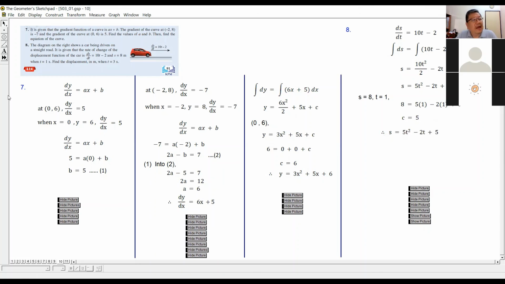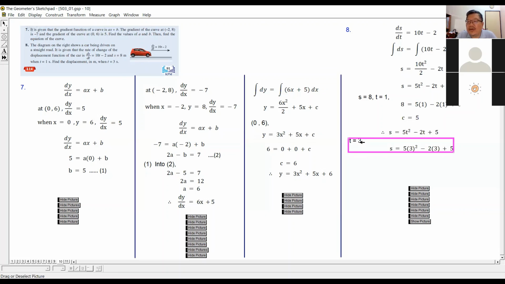And indeed, they ask you to find the displacement in meter when t equals to 3. That means they ask you to find the S when t equals to 3.